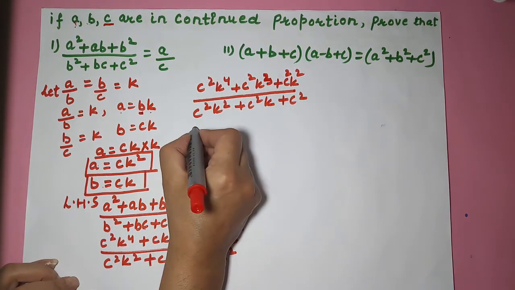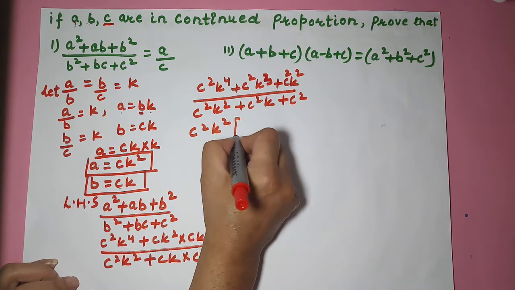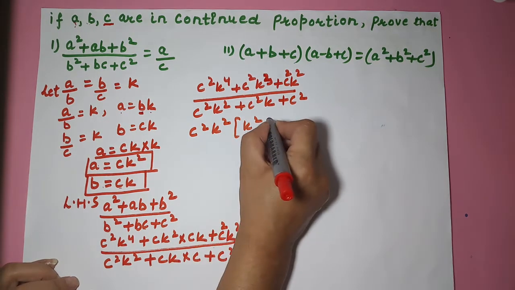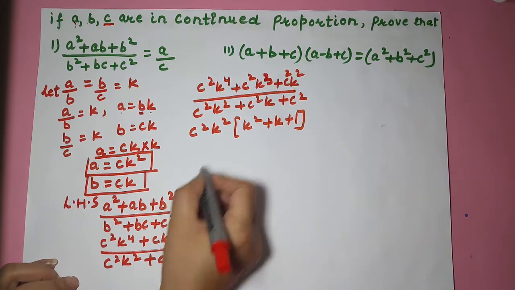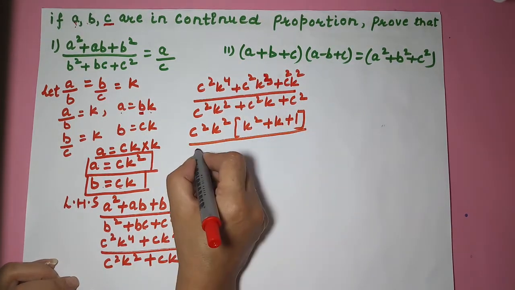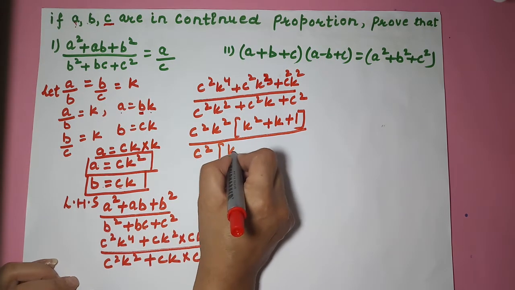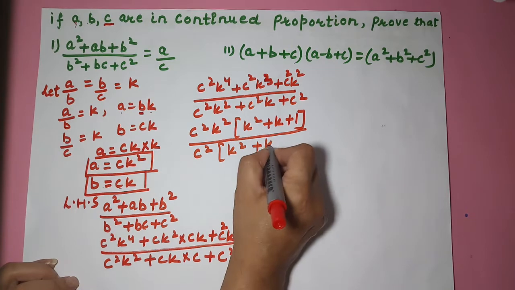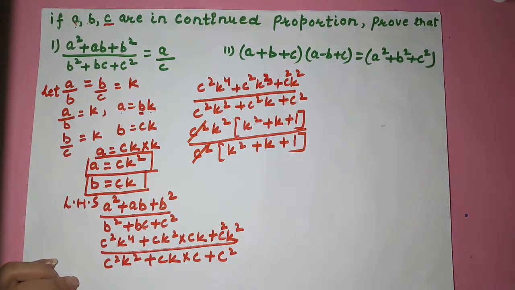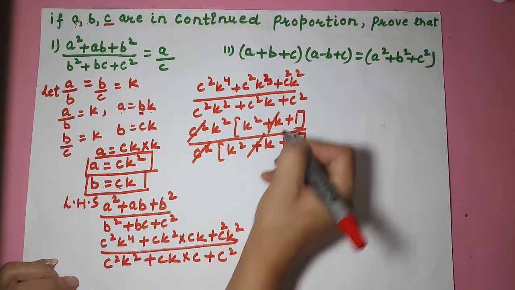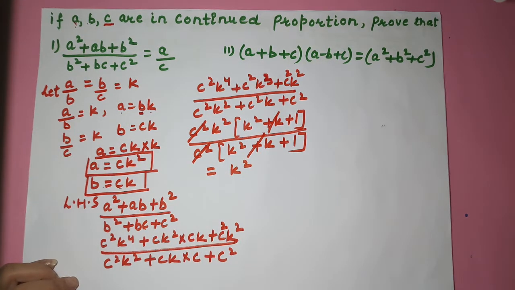In the numerator I can take C square and K square common, so I'll get K square plus K plus 1, right? And in the denominator, I can take C square common, so I'll get K square plus K plus 1. So my C square and C square will go, this and this will go. I am only left with K square. This is my left hand side.